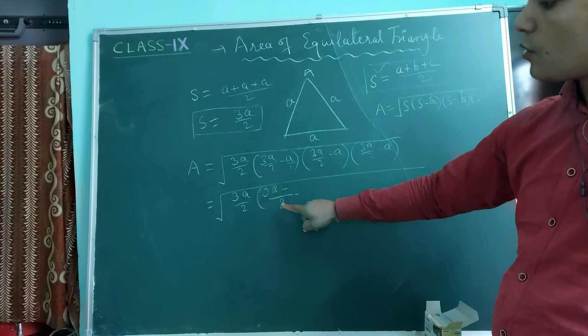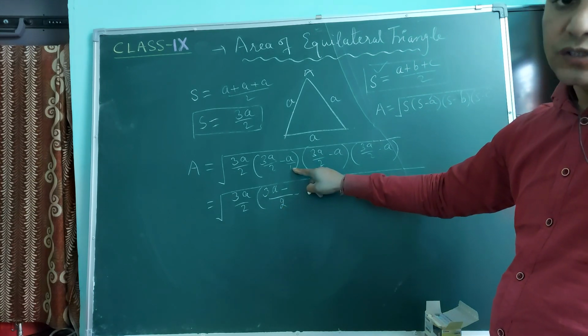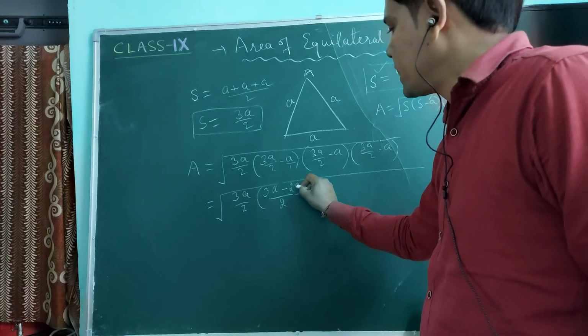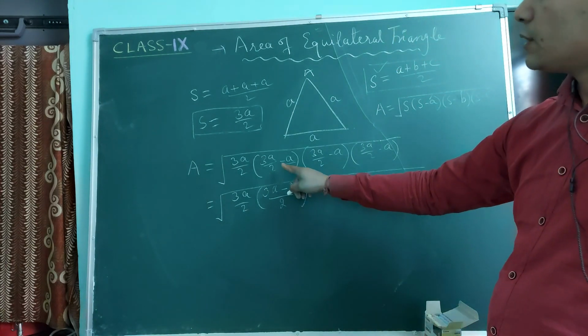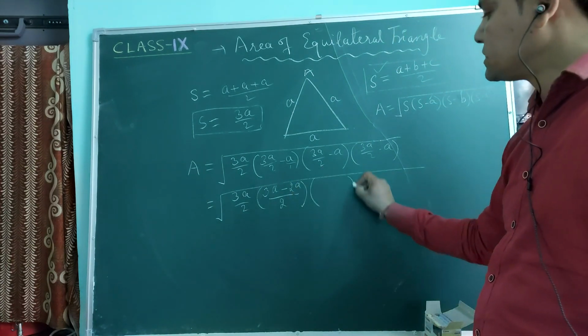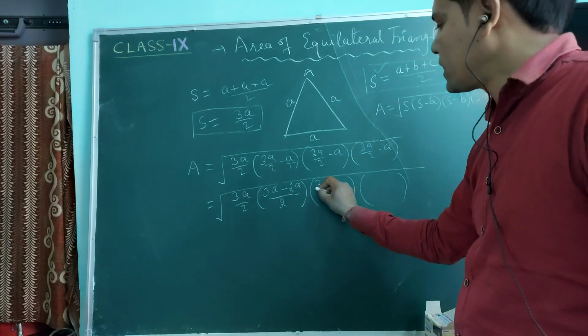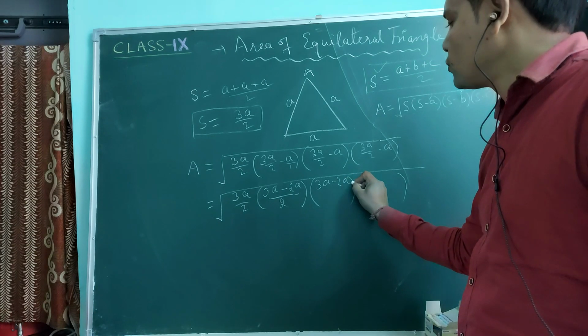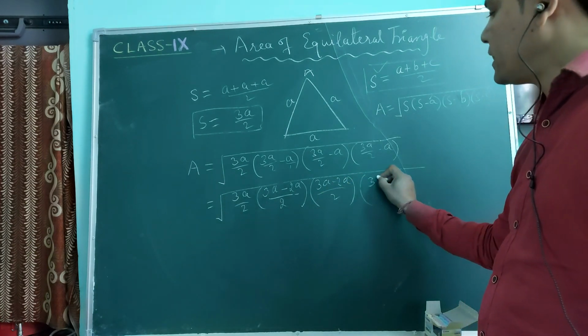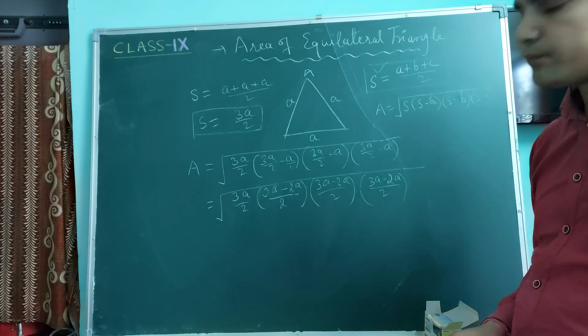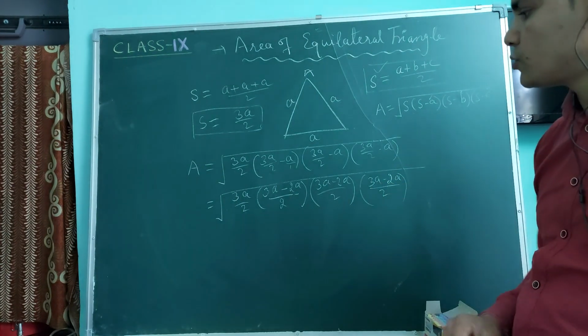Now 2 divided by 1 gives 2, and 2 into A is 2A. Similarly, we can find all these three factors, which will be the same, so it becomes (3A minus 2A) divided by 2, and again (3A minus 2A) divided by 2.